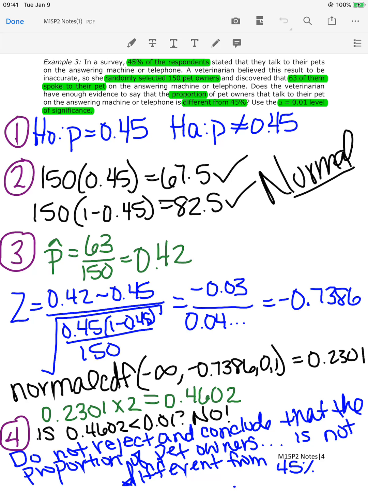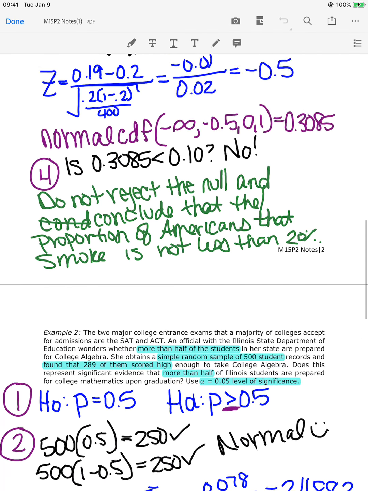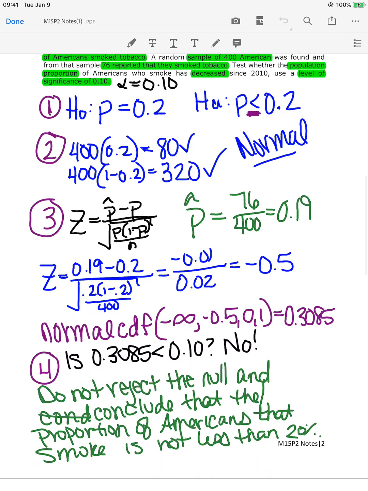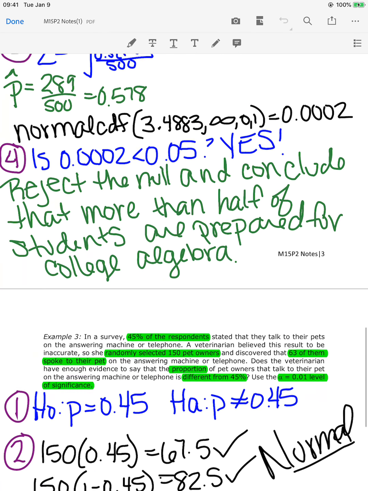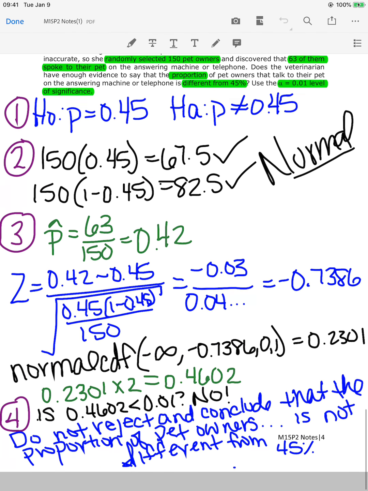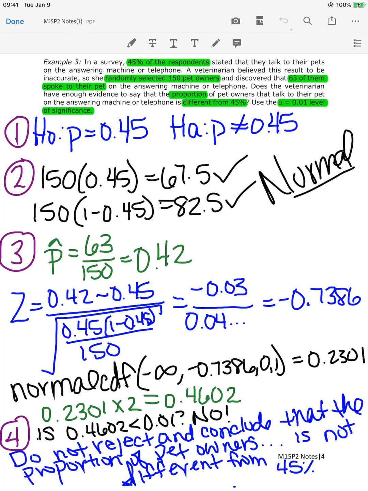Two-tailed, multiply by 2. And then I went and compared it to alpha. So that is all I have for 15 part 2. We went through an example of each of the ways to set up a hypothesis test. So that is it for these notes.